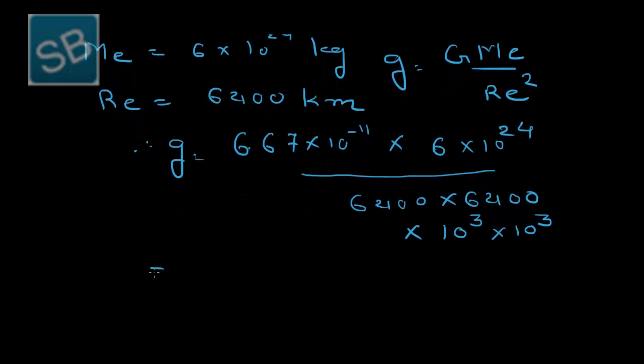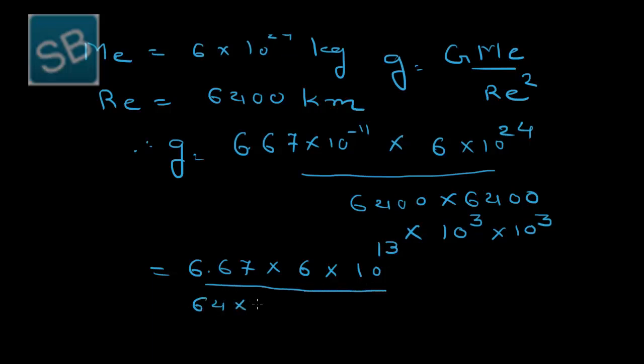So now first of all, 6.67 into 6, and 10 to power minus 11 and 10 to power 24 gives 10 to power 13, divided by 64 into 64 into 10 to power 4 plus 6, which is 10.